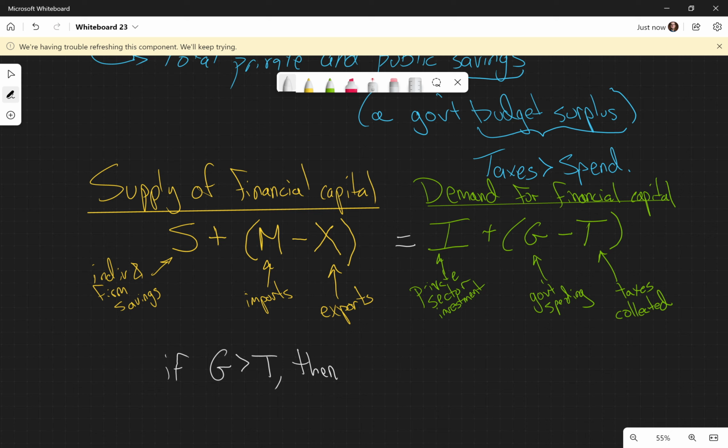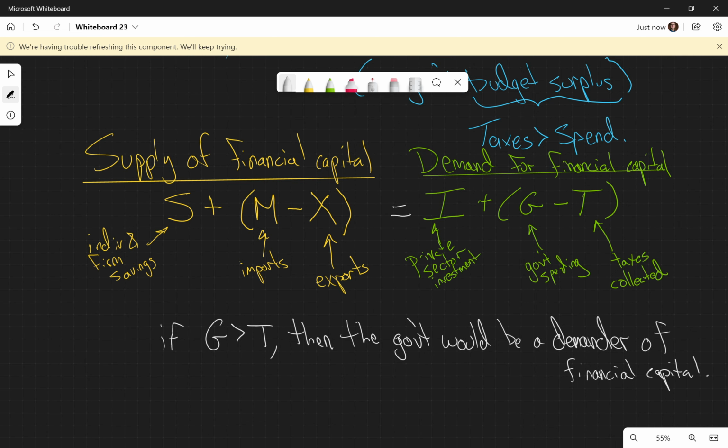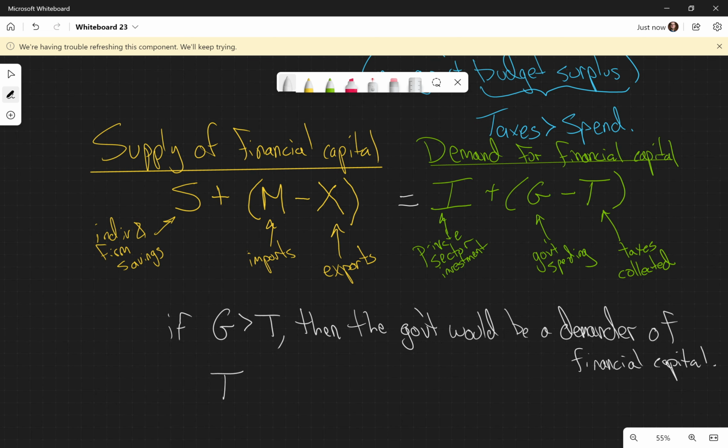So the government would be a demander of financial capital. Obviously, the converse holds true, right? If T is greater than G, then they would be a supplier of financial capital.